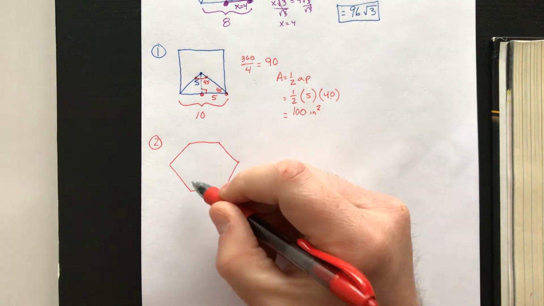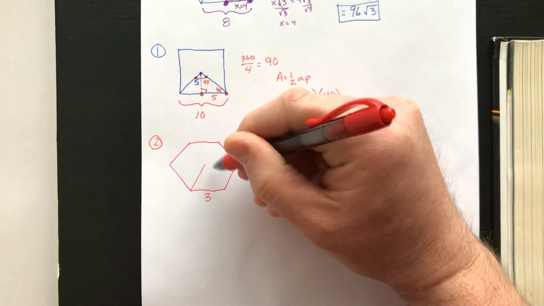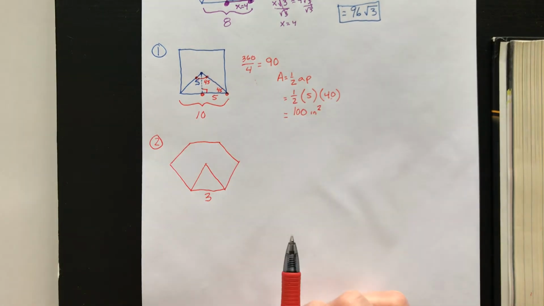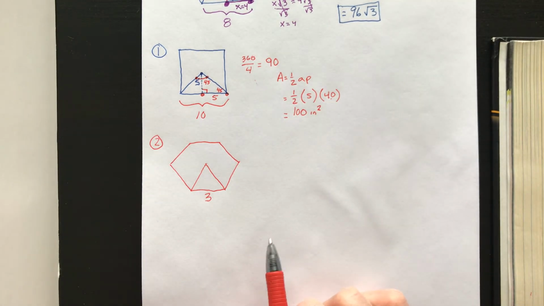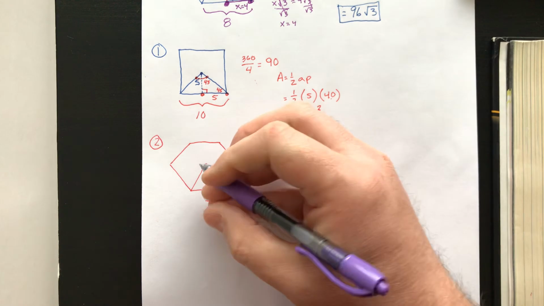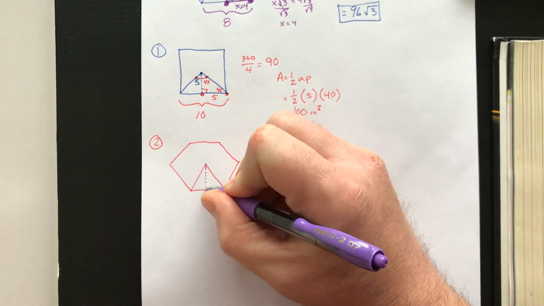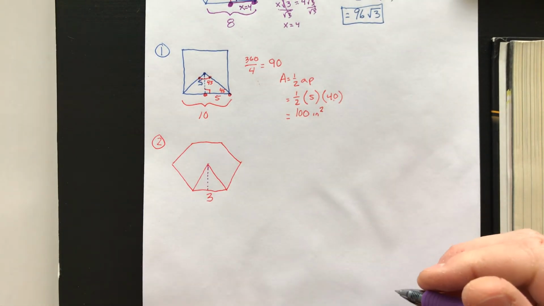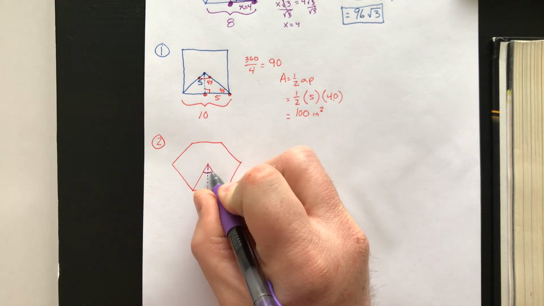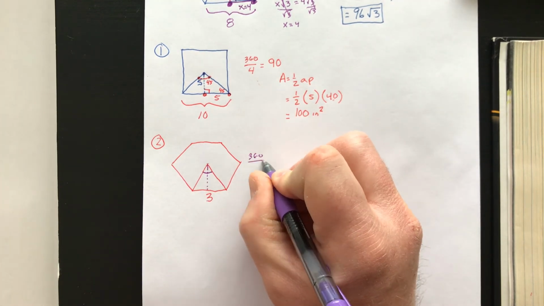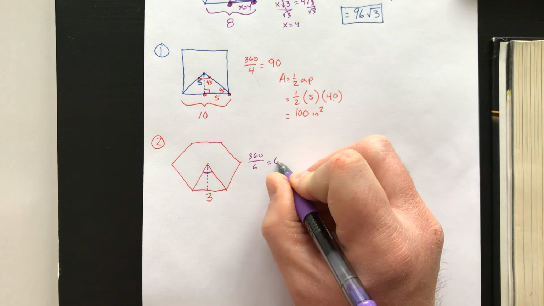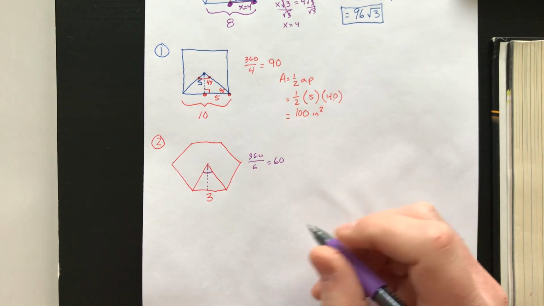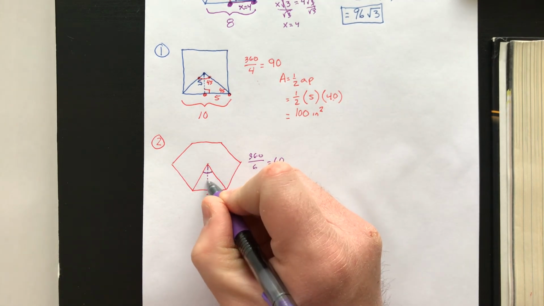But once again, we have to construct this triangle inside of the polygon, and we have to draw in our apothem because we need to know what that is. And what is our central angle? 360 divided by 6 sides, which is 60. And the apothem cuts that in half.